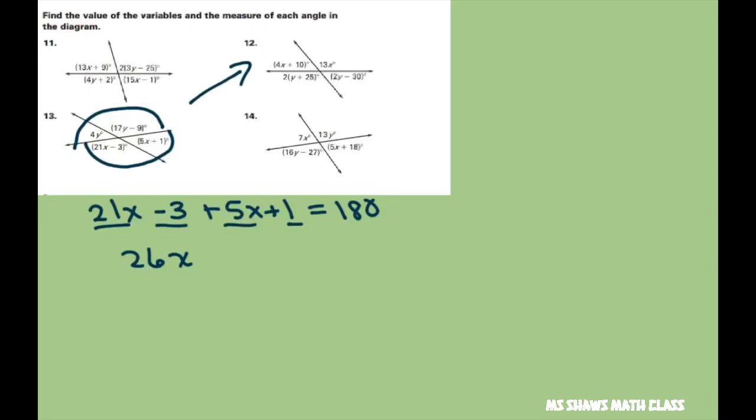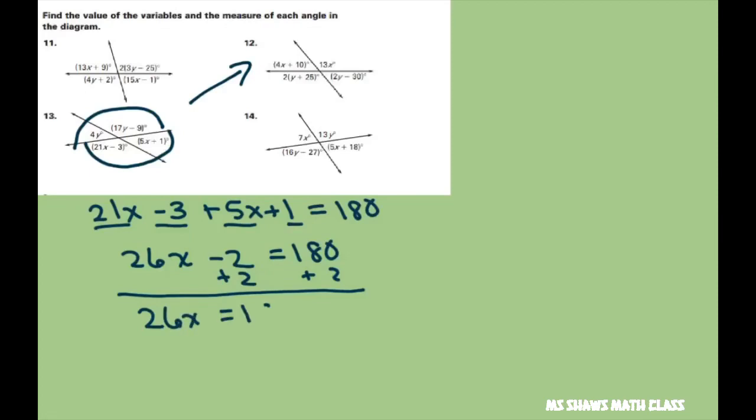Combine those two, you get minus 2 equals 180. Add 2 to both sides of the equation, and you're going to get 26x equals 182, and divide both sides by 26, and you get 7. So x is 7. And do the y's the same way.